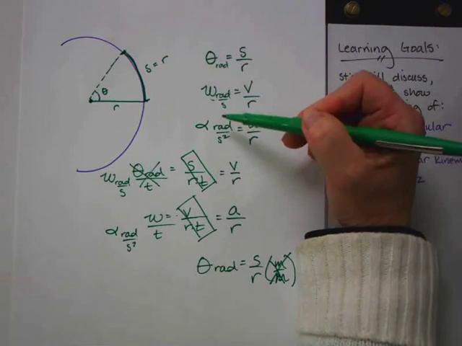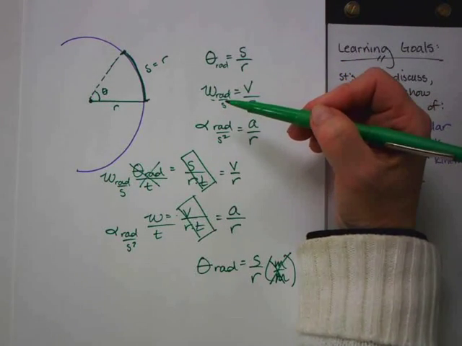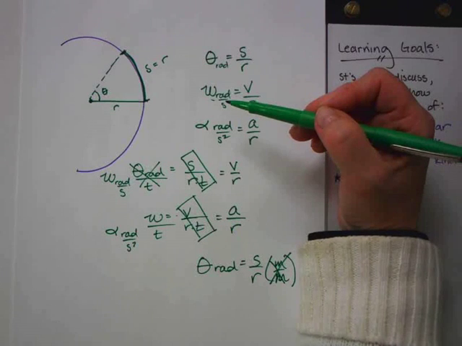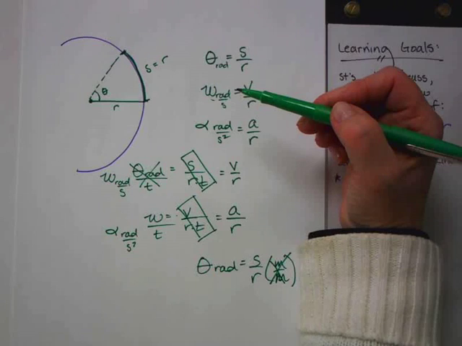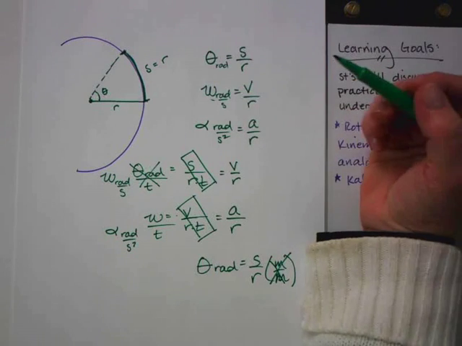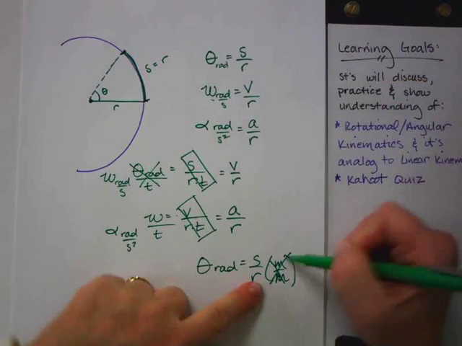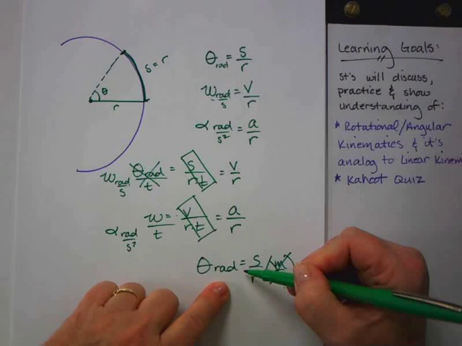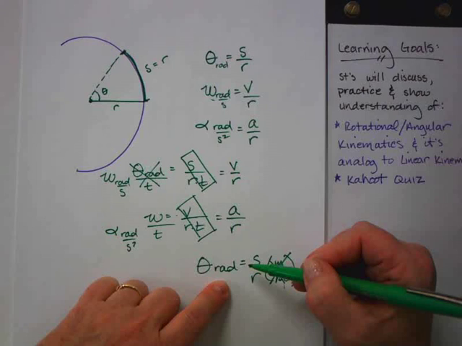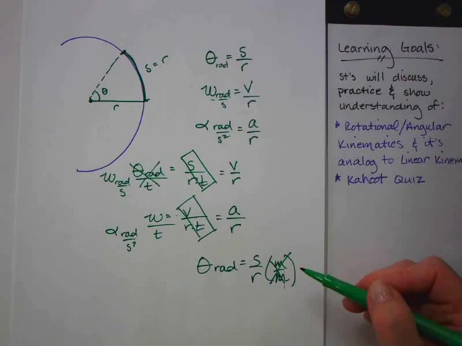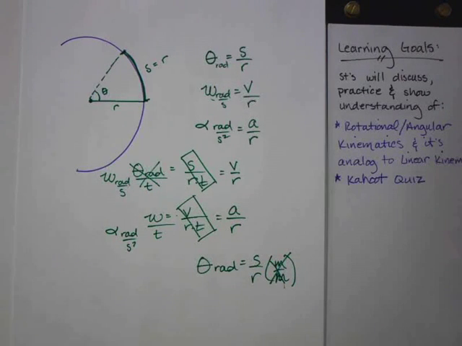So anytime you see radians, and you're doing the unit analysis on a test, and you end up with, oh, everything canceled, do not despair. If everything cancels, you probably have radians. You're probably solving for theta in radians.